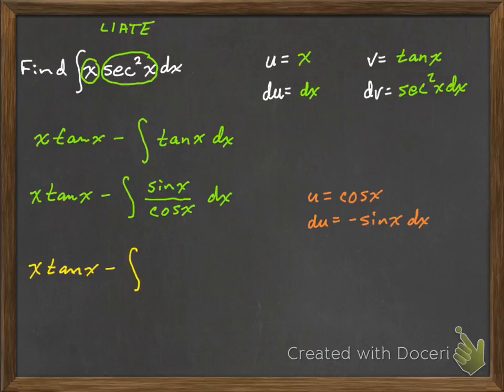So this would be separated as 1 over cosine x times sine x dx. That's just simply rewriting this right here. Now, in order for this to end up being du, I need to put a negative on that, which I can do. I can put a negative here as long as we put a negative out in front of our integral, which will simply change this to a plus.